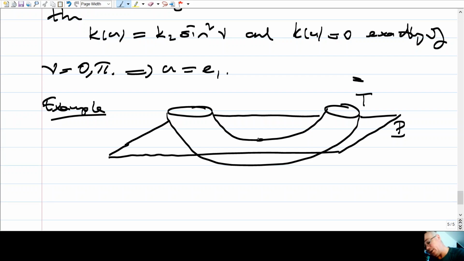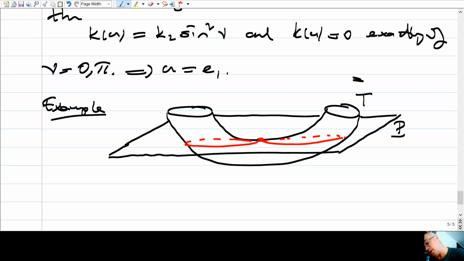At such a point, when I cut the surface with this plane, I get two curves through this point. One of them is this, the other one is this. So two circles.